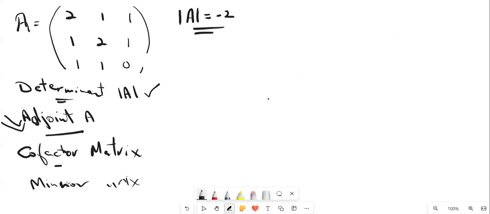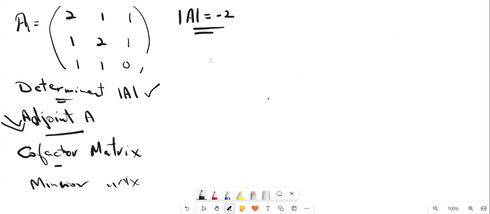You have to get what you call the minor matrices, right? And well, how you get that is, this is what you do. Basically, you take each element of this matrix. You cross out the row and the column, right? And what you get is you will be left with what you call a minor.